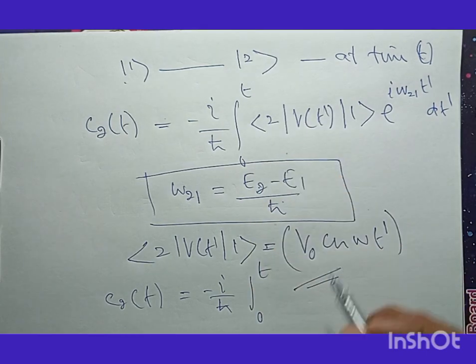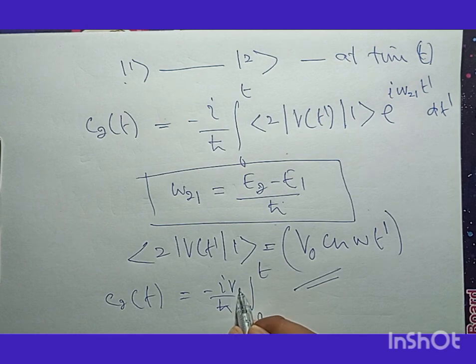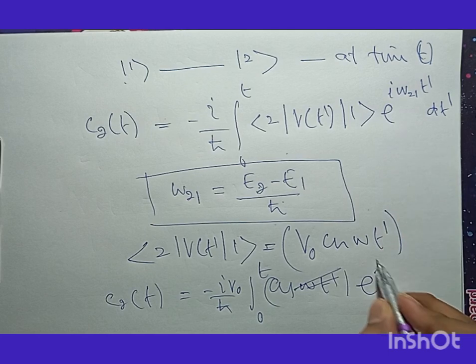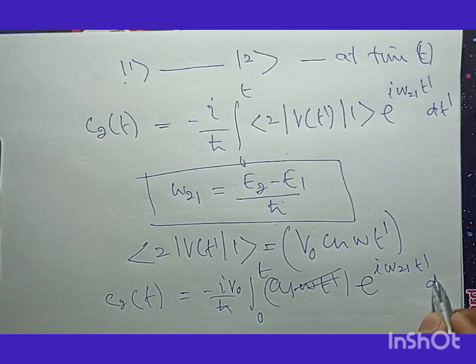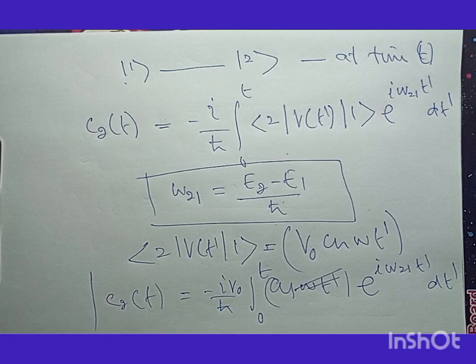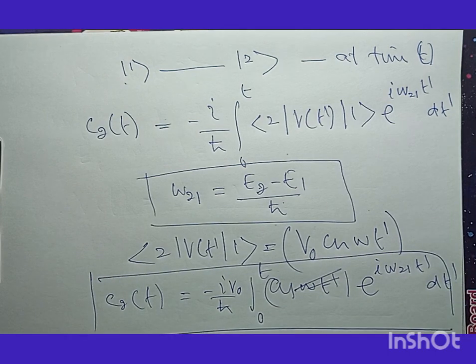For this matrix element, V naught should come out, then cos omega t', then e to the power of i omega 21 t' dt'. That should be the case. So this is my equation.